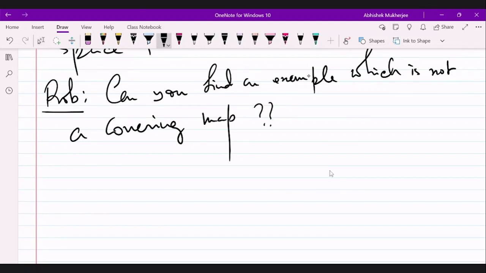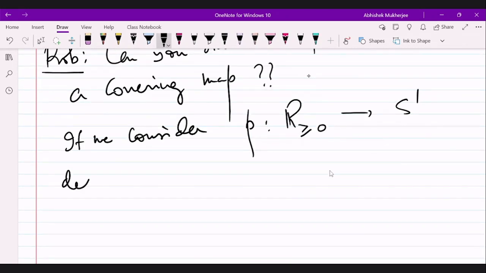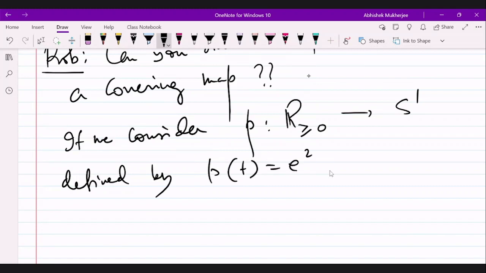Now, if you restrict the domain space to only the non-negative reals, consider the map from R plus to S1 defined in the same way by e to the power 2 pi i t, for t greater than or equal to 0.